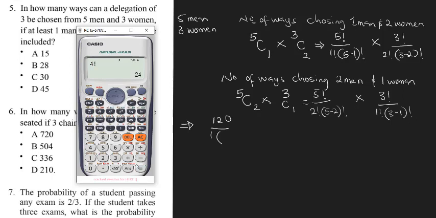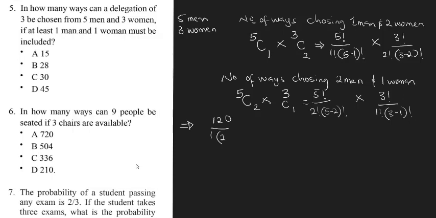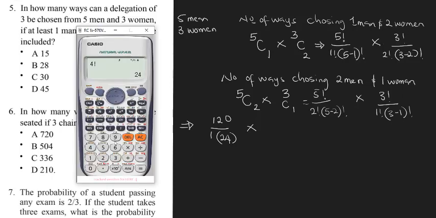So write it here, 24. Then we have times 3 factorial. What is 3 factorial? We said 3 factorial is 6. So write it here, 6.